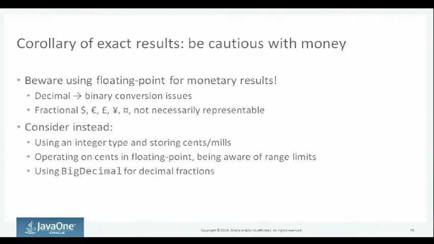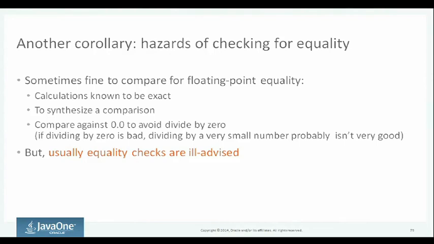Now you can do that sort of computation as an integer type, and you could also do it as a floating point type as long as you paid attention to those range limits where you can represent all the integers. When you really need to use decimal fractions, use BigDecimal. That's what it's there for. BigDecimal holds decimal fractions exactly as well as decimal integers.